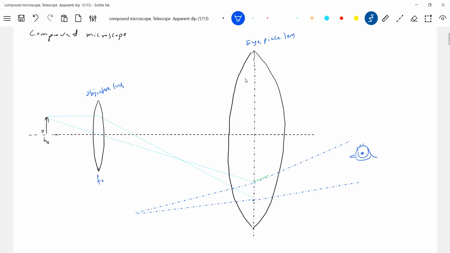The person viewing is the human eye that I'm showing here. The rays first come here.